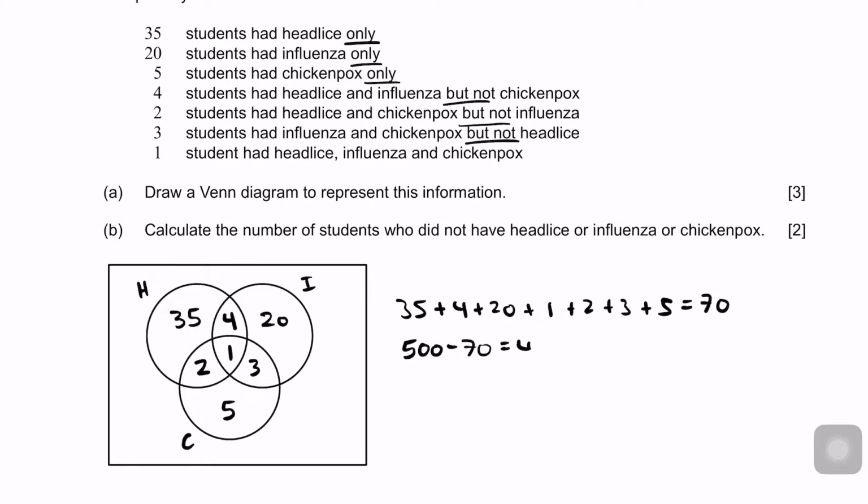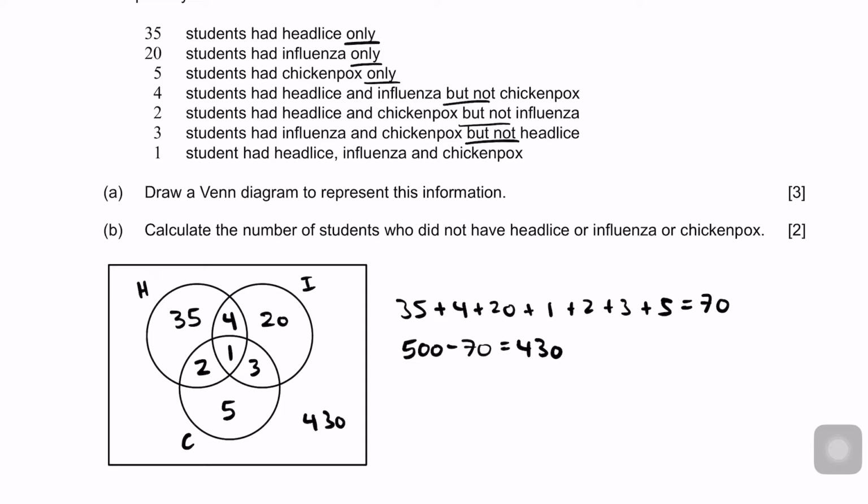And that means that 430 are left outside. These are the students that, well, don't have any of these conditions. And altogether, all of these values should add to 500.